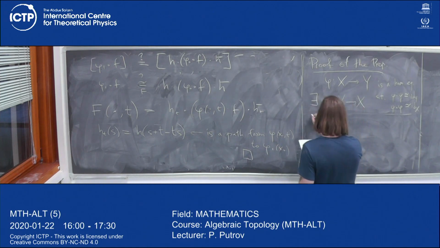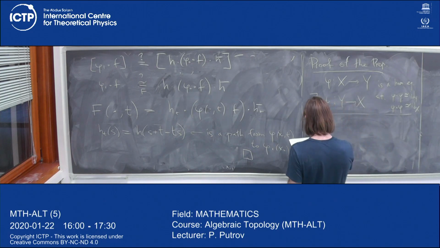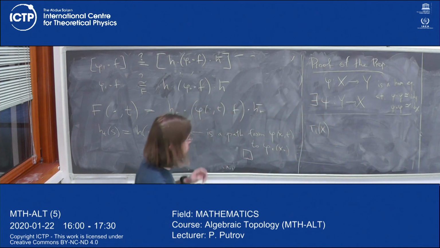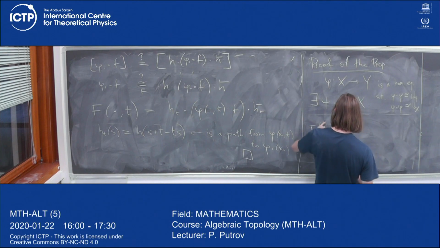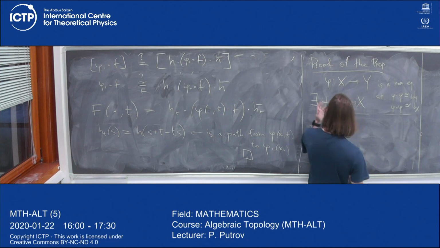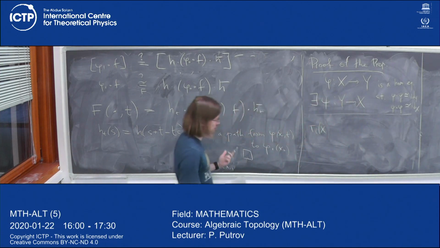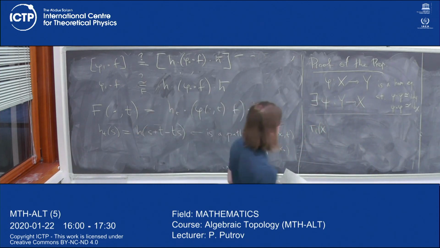Okay, so to be more careful, we want to consider induced maps for phi and psi, but we have to be careful: in order to define induced maps, we also have to fix base points.